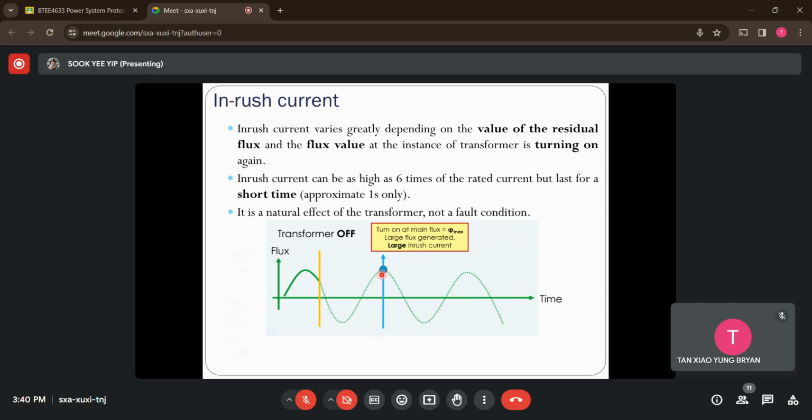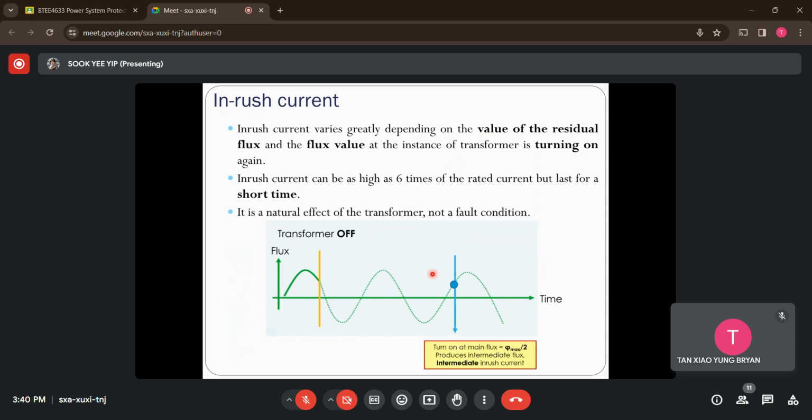In this case, I have the highest flux, so the generated flux will be very large, and I'm expecting a large inrush current magnitude. What if I turn on the transformer at this moment instead, whereby the flux is only reaching half of the peak flux? During this time, I have an intermediate, half of the residual flux within the core, so you are expecting an intermediate inrush current magnitude.